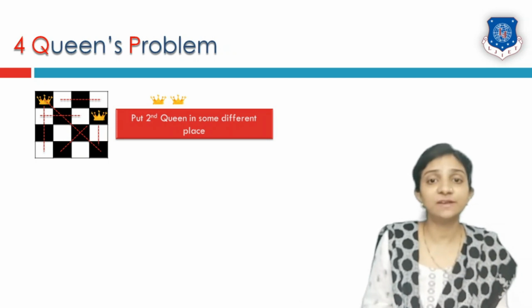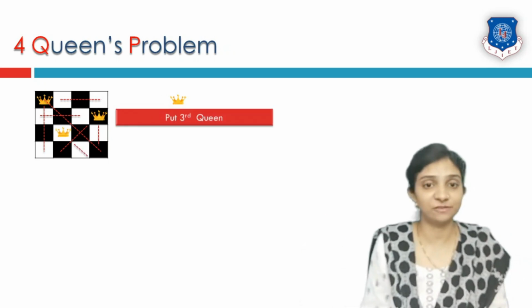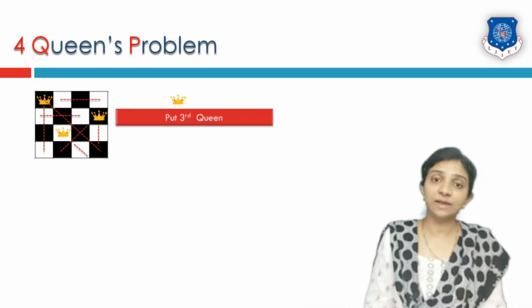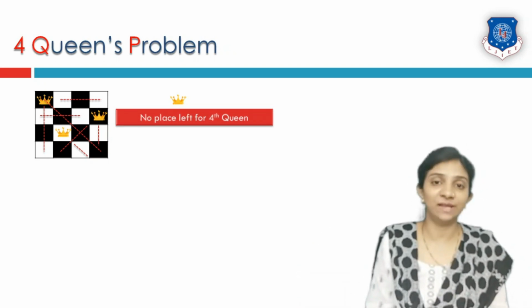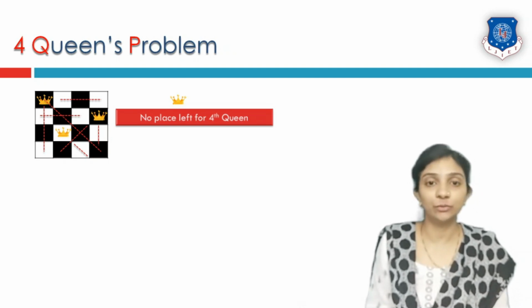Is there any space for queen number 3? Yes, I will put that queen in an empty space. Now it will also block some row, column and diagonal. So again, there is no place left for queen number 4. So what we are going to do in this case?